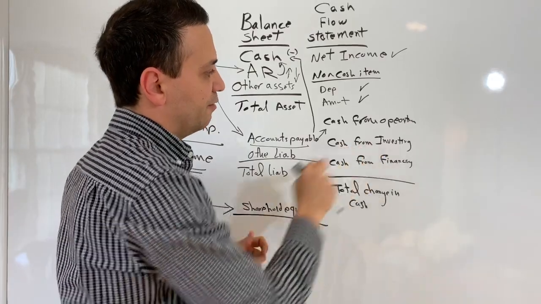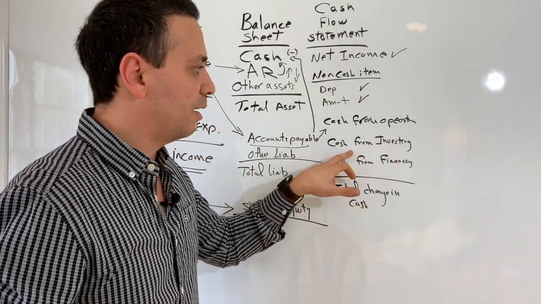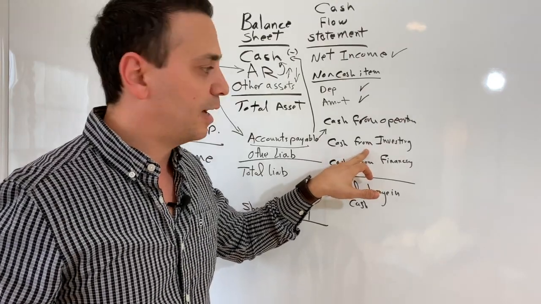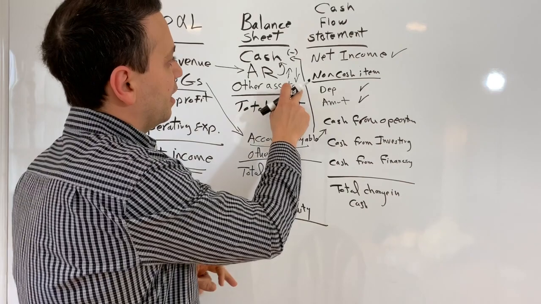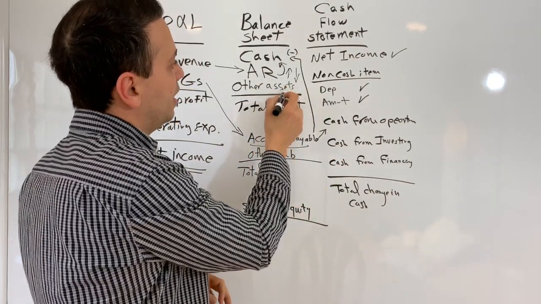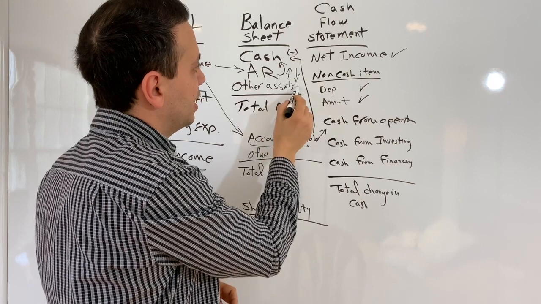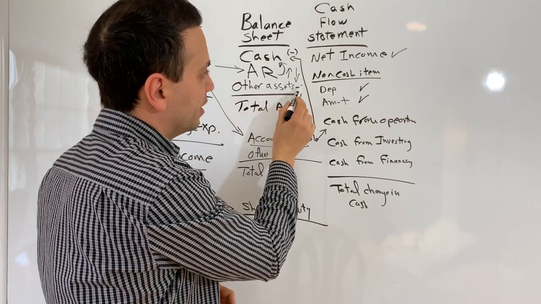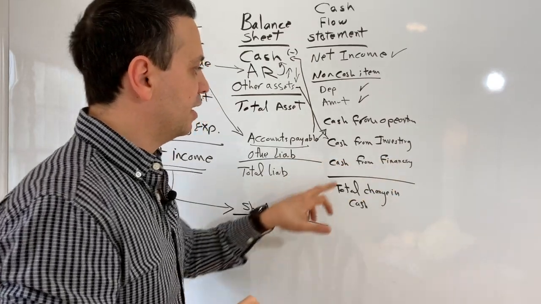Next, you have cash from investing, and that would represent any cash that you're spending on capital expenditure. This will come from other assets. So, for example, if you purchase equipment and that goes into machinery and equipment, that will be this item here that will drive cash from investing activity.